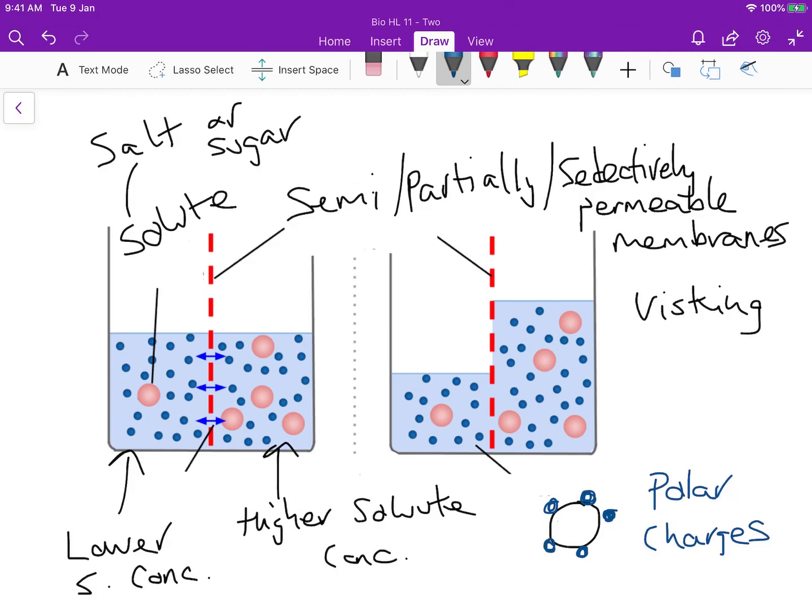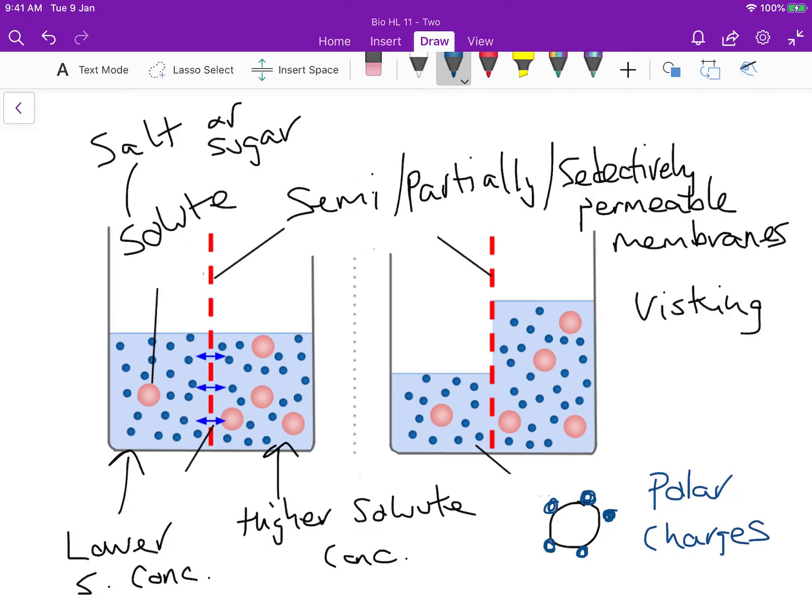Now that means when water is in an environment with solute and salts and sugars, the water will attach, and if the solute cannot move through the membrane, if it's stuck in place, that means the water's stuck in place. So all the other water is going to continue to move randomly and spread out randomly.